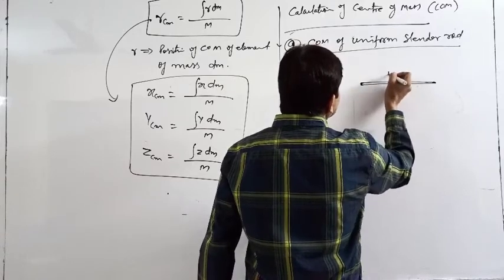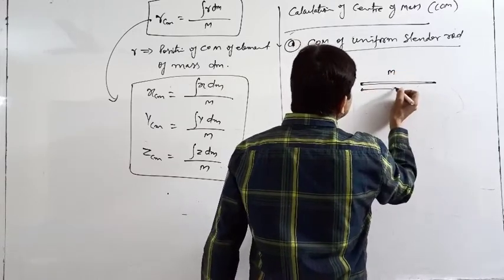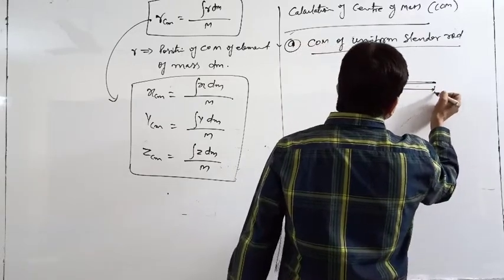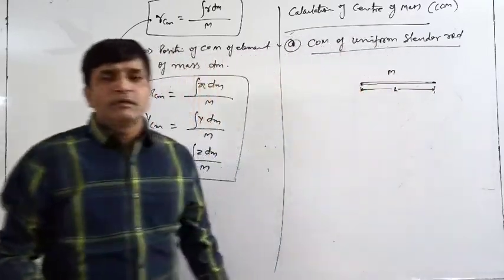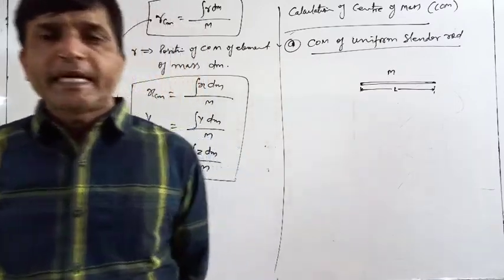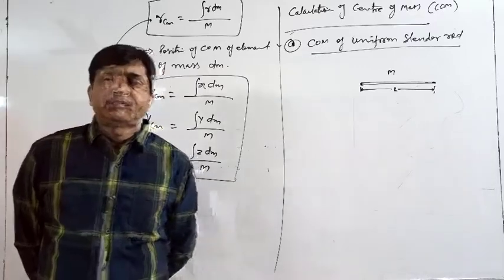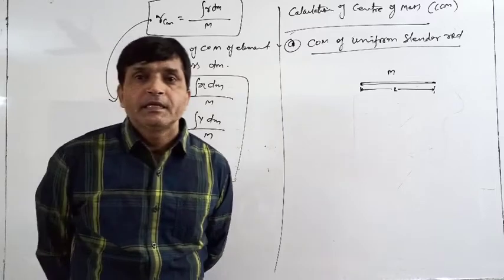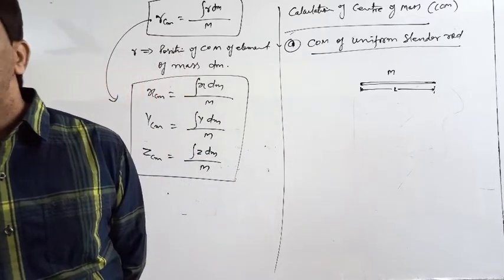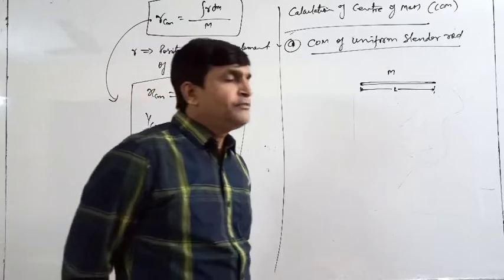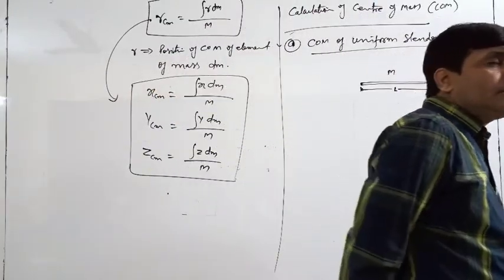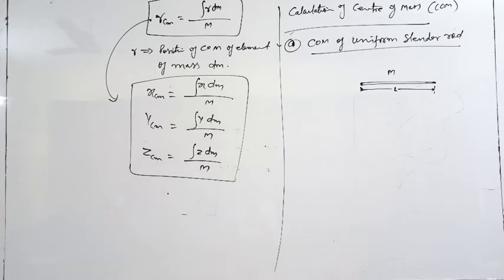And the mass of the rod is M, length is L. Now, first point here, can you guess where the center of mass could be? At the middle point. Yes. If you remember, I told you, if a uniform body or uniform distribution of mass is given, the center of mass will be at the geometrical center.